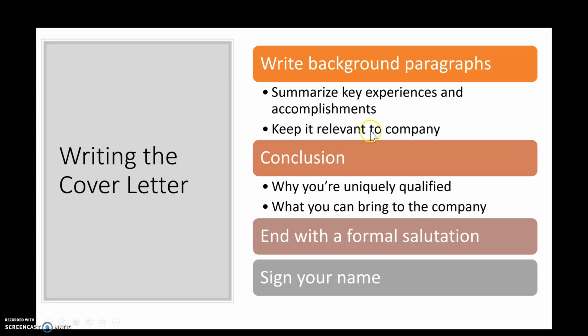You'll also want to talk about some of your soft skills as well. You want to conclude by talking about why you're uniquely qualified for this position and what you can bring to the company. So why do they want to hire you? End with a formal salutation, so sincerely, best regards, things like that, and then sign your name so that it's a little bit more formal.